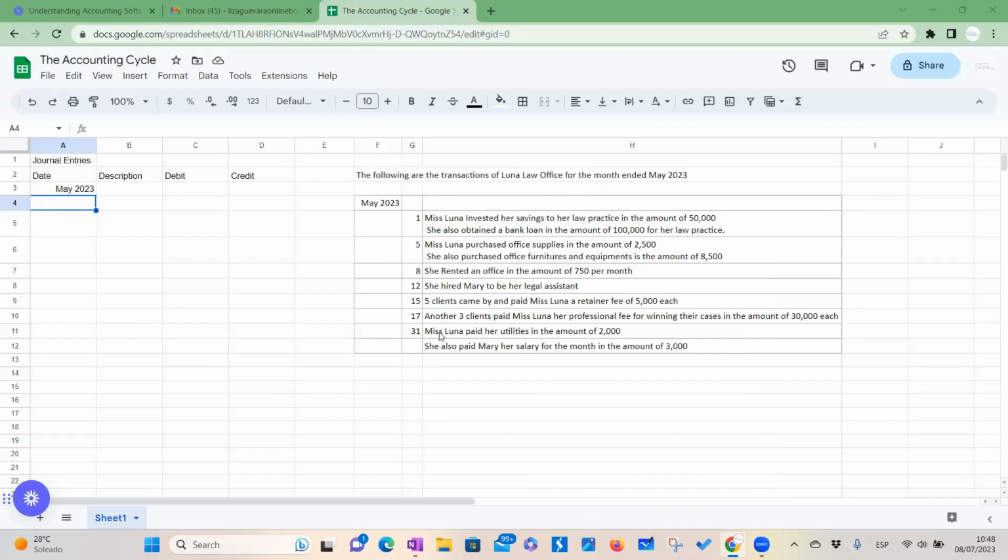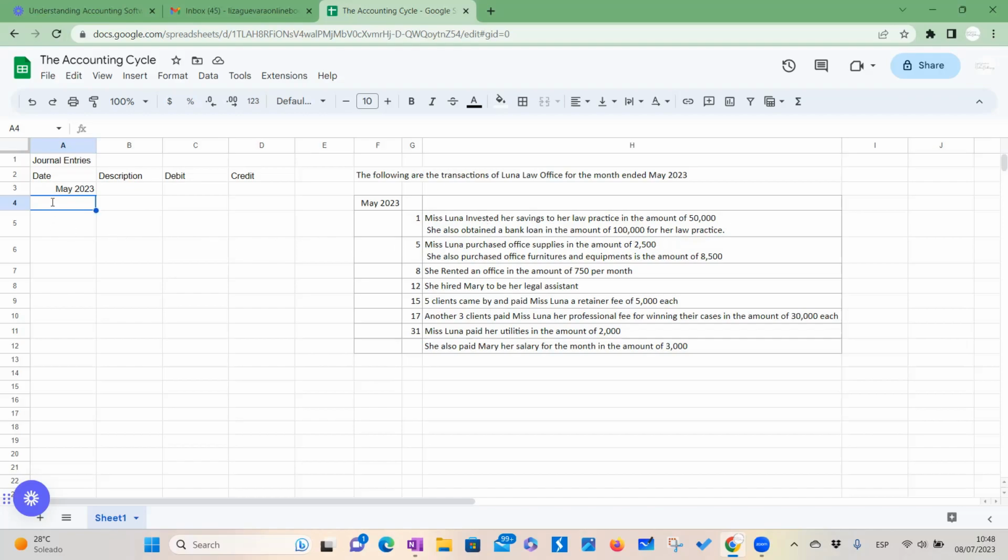So we are going to provide the journal entries for Luna Law Office for this month. On May 1, Miss Luna invested her savings to her law practice in the amount of 50,000, and she also obtained a bank loan in the amount of 100,000 for her law practice.